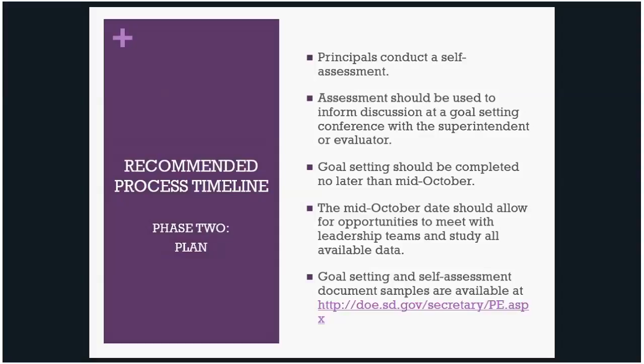And again, just a reminder that there are forms available. I'm going to take this a little bit farther and suggest that if you started the process in the spring of looking at the data that you already have, you could start having that goal-setting conversation even in the spring, so that you have plenty of time.